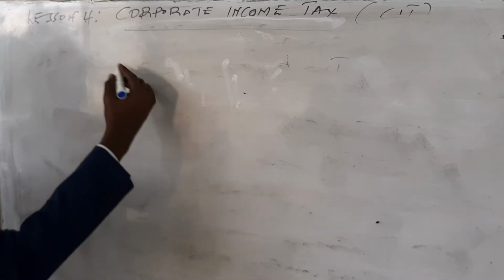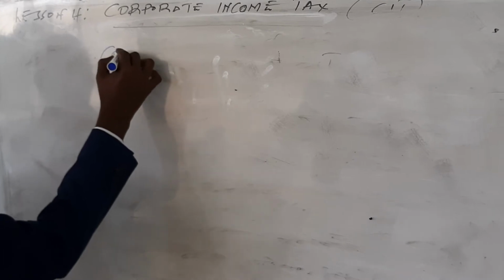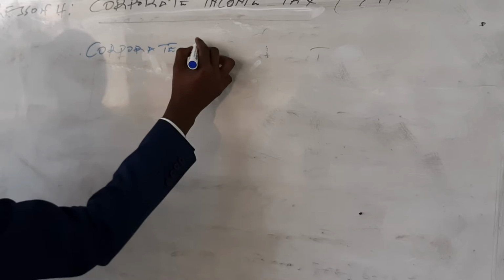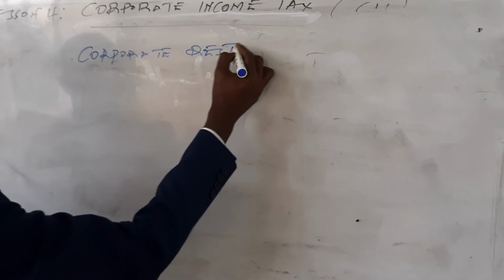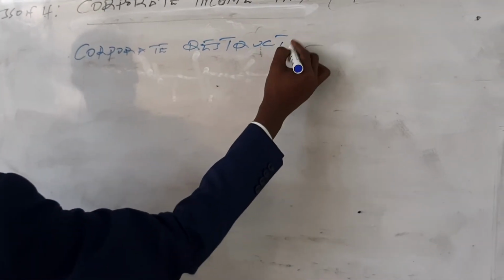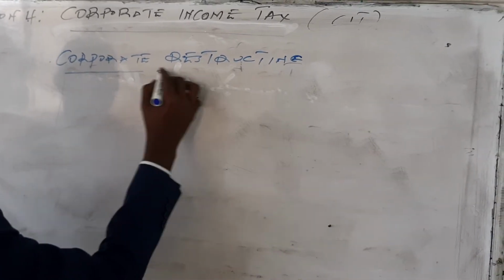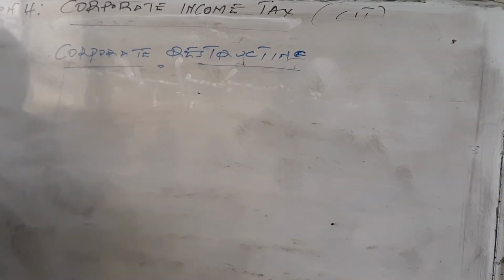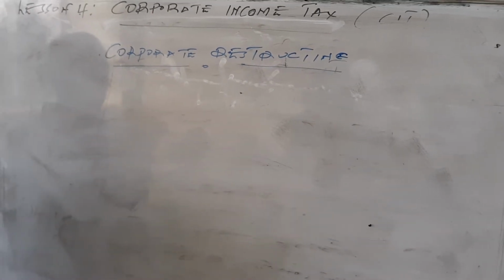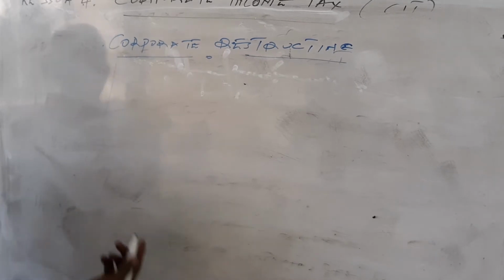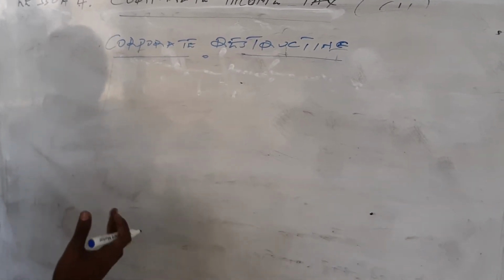Under the CIT, we need to look at what they call corporate restructuring. Corporate restructuring, in other words, you can call it corporate reorganization. And what does it imply?